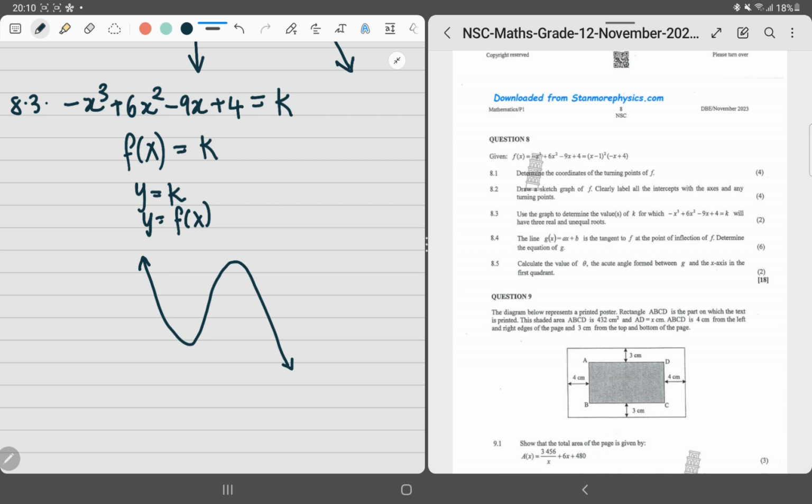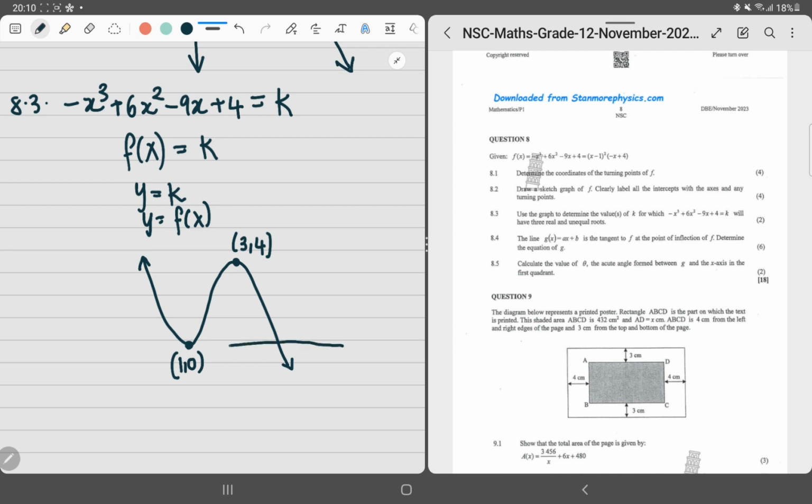For these types of questions where they want you to find the values of k, we use the coordinates of the turning points. So that is (1, 0) and the other one is (3, 4). We use the y values of the turning points.